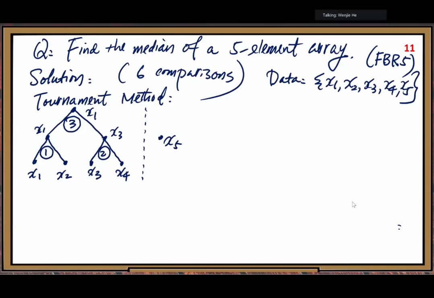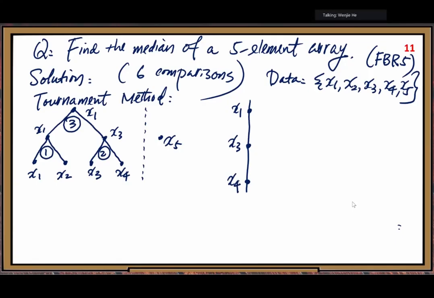We need to organize our data, arranging it based on the known information, so we use a diagram. X1 is greater, then X3, then X4, in this order.